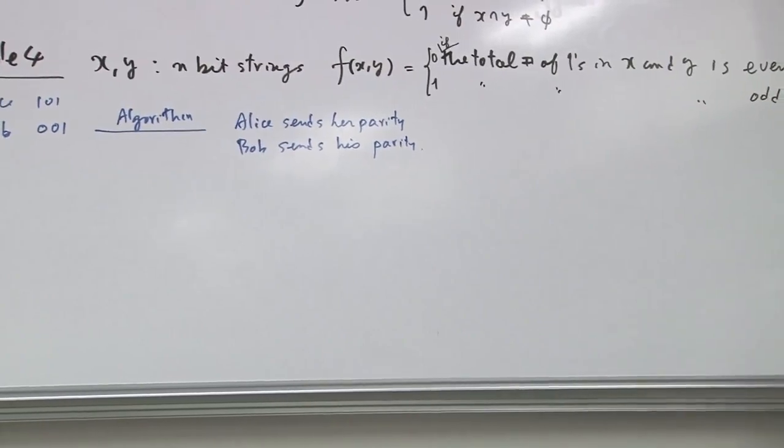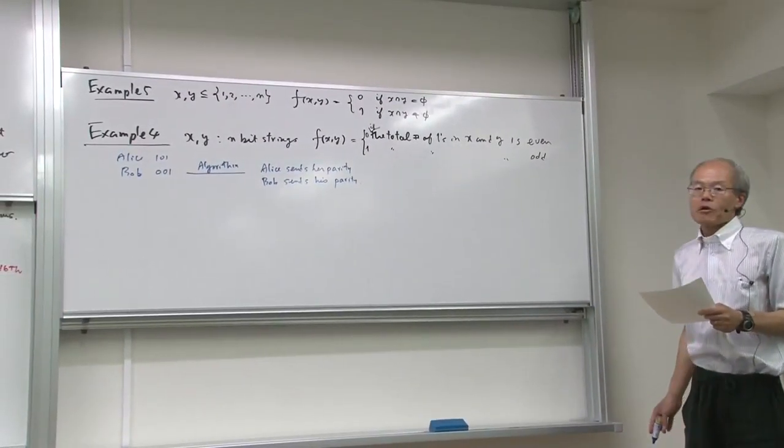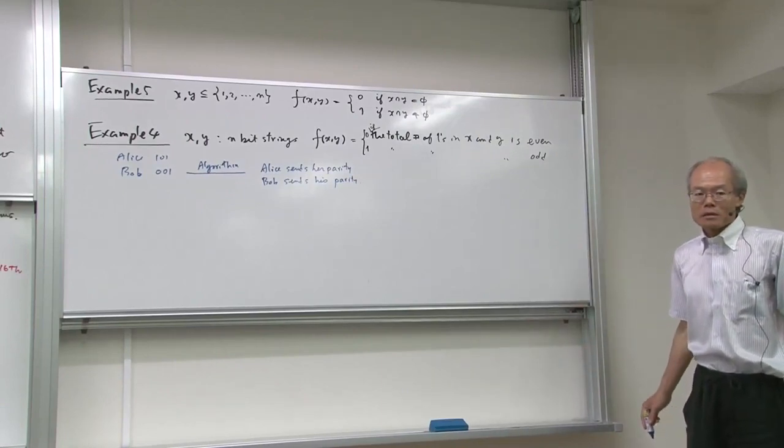For the parity problem, this is a protocol. Alice sends her parity 0 or 1, and Bob sends his parity 0 or 1. Then both sides can tell the function value.